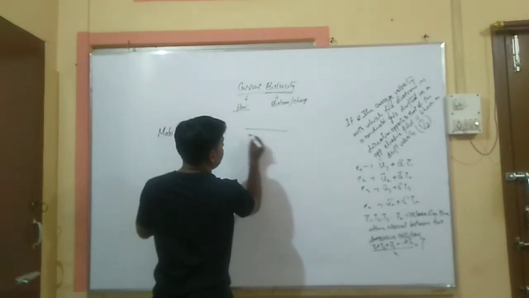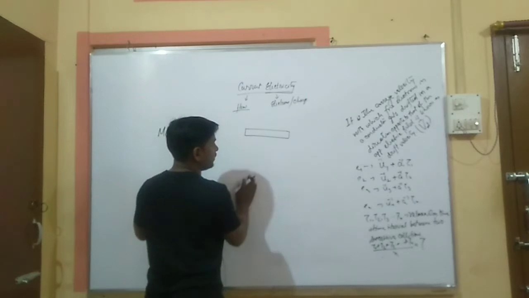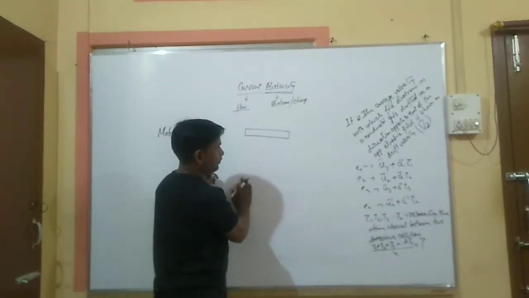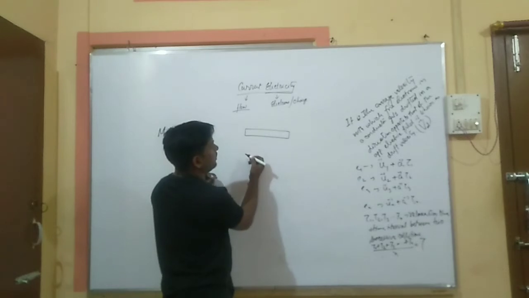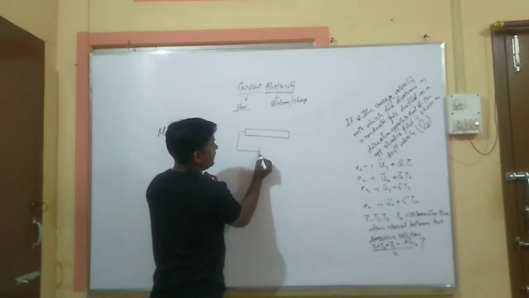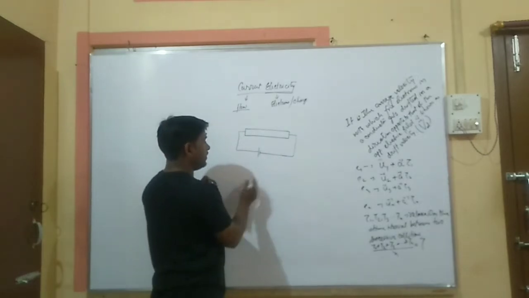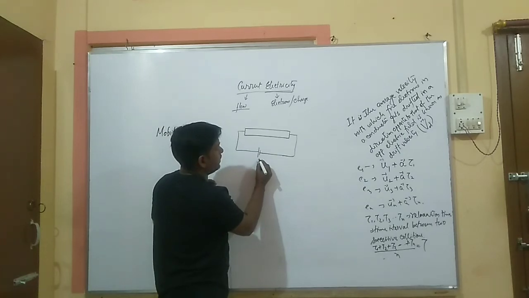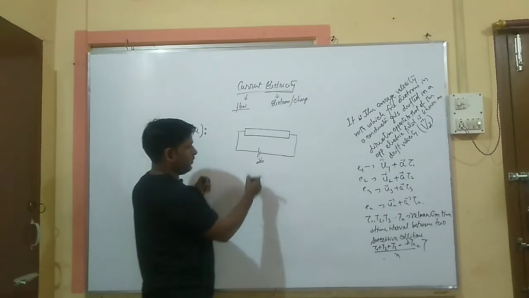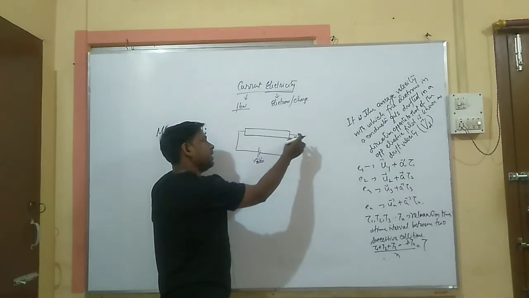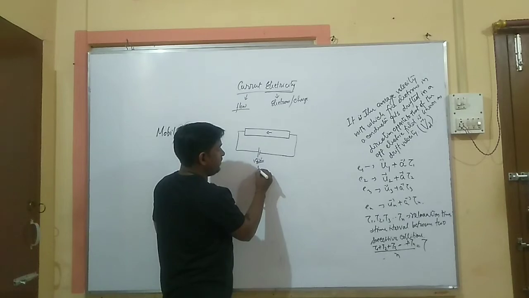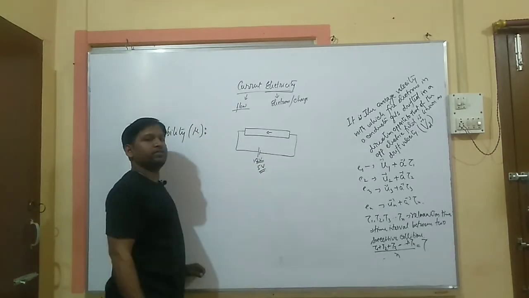For conductors of different materials, the velocity with which electrons move, that is the drift velocity, depends on the source of electric potential applied across the conductor. Suppose we apply a 10 volt source, then the velocity of electrons will be a certain value, and if it is reduced to 5 volt, we will have another value.